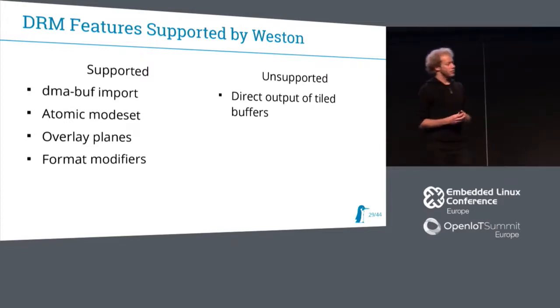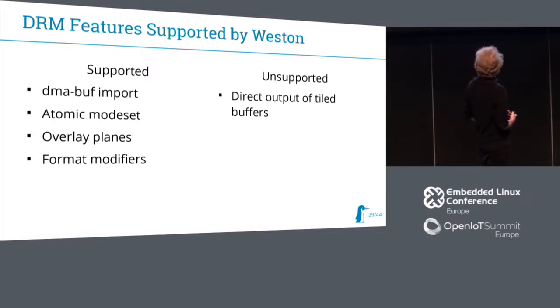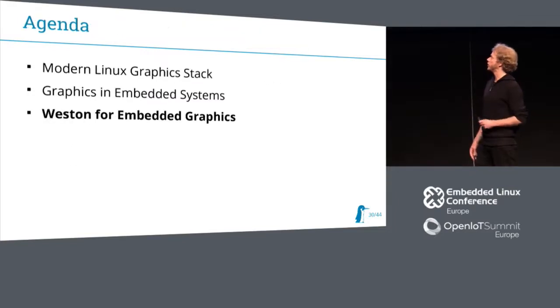What doesn't work is if we get a specifically tiled client buffer and want to put it on an output plane. Weston currently doesn't understand this, and the GBM API doesn't provide means to do so yet. So that's about how Weston uses the DRM APIs.